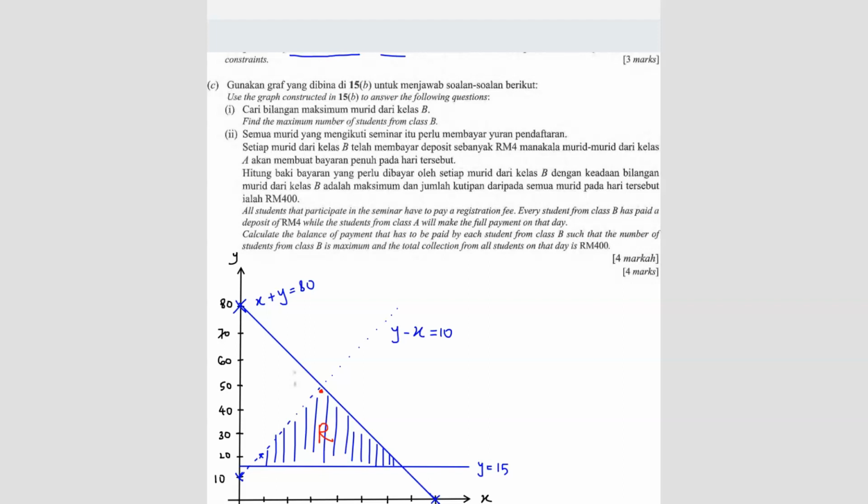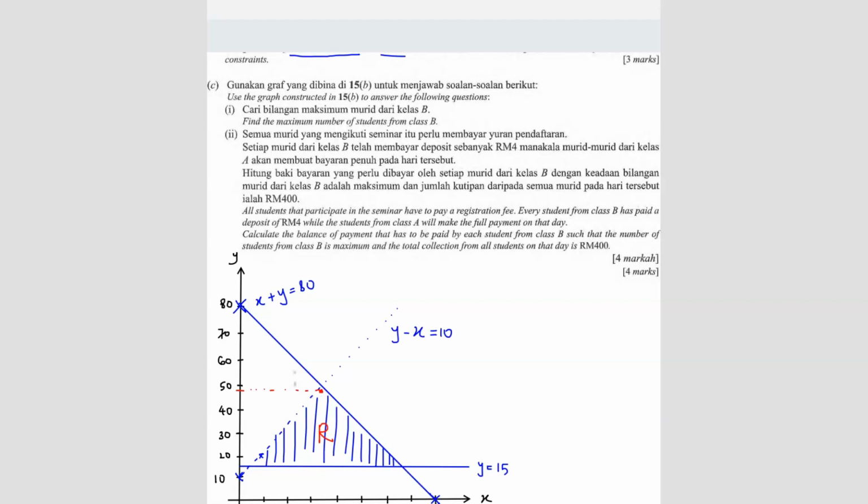Now because I'm not using a proper graph, I don't think you'll get a correct answer here. You should find your y value by drawing, but my answer here is not accurate. The actual answer should be 44.